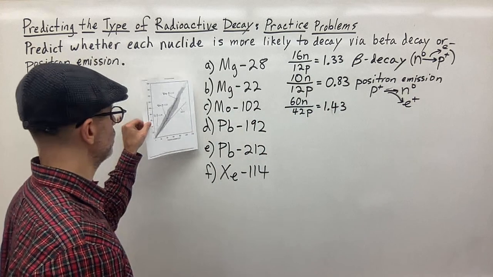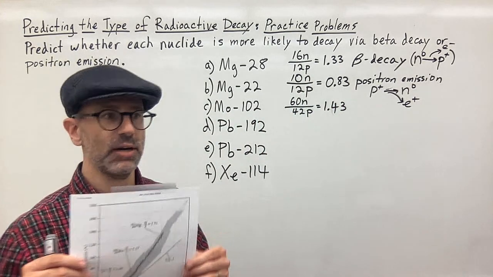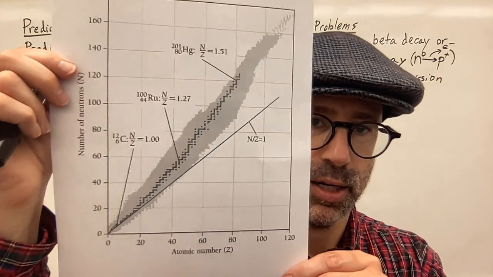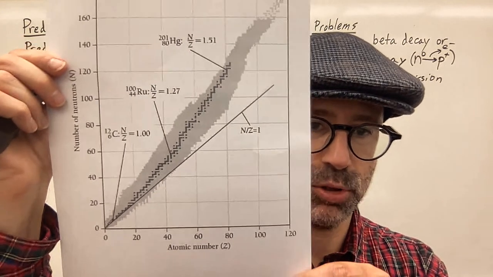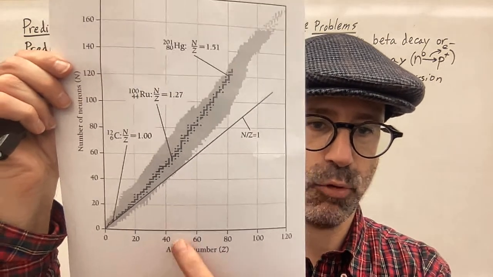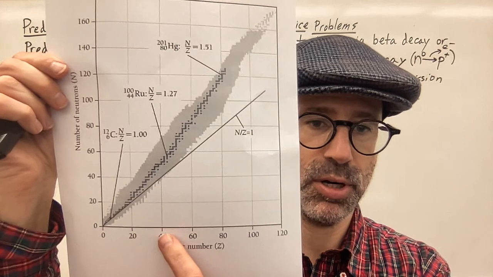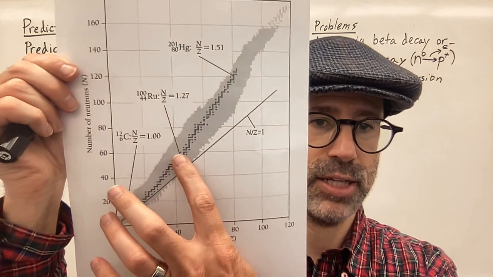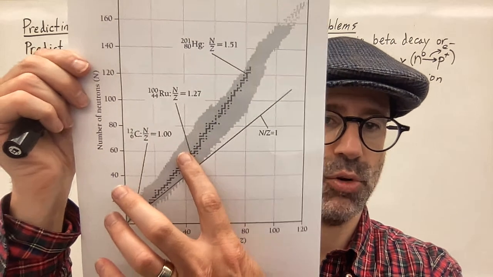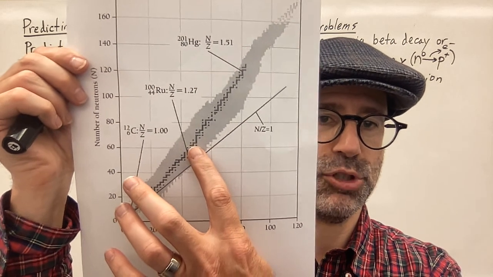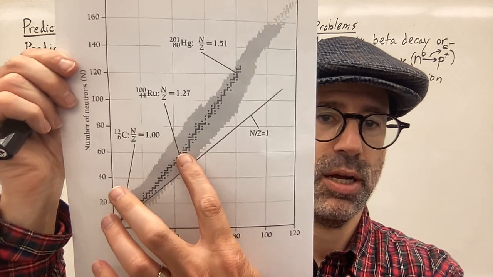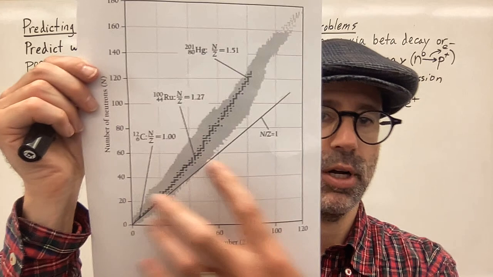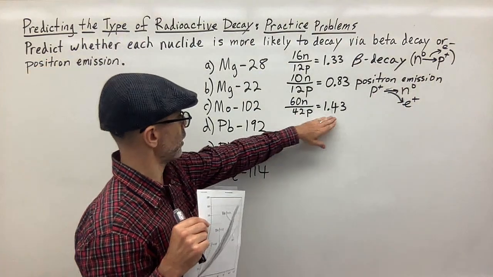And once again, we look at the ratio here. And so here's our valley of stability. And so now we're looking at an element that's 42. So it's about here in the atomic number. So if you go up to the line here, that's around 1.27. So this isotope of molybdenum should be around 1.3, right? But we have 1.43.